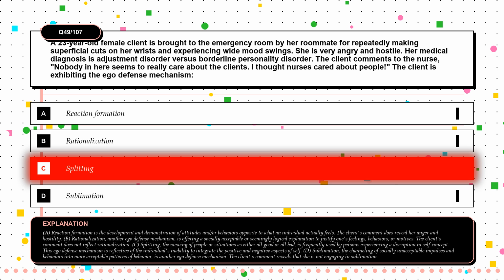This ego defense mechanism is reflective of the individual's inability to integrate the positive and negative aspects of self. D. Sublimation, the channeling of socially unacceptable impulses and behaviors into more acceptable patterns of behavior, is another ego defense mechanism. The client's comment reveals that she is not engaging in sublimation.